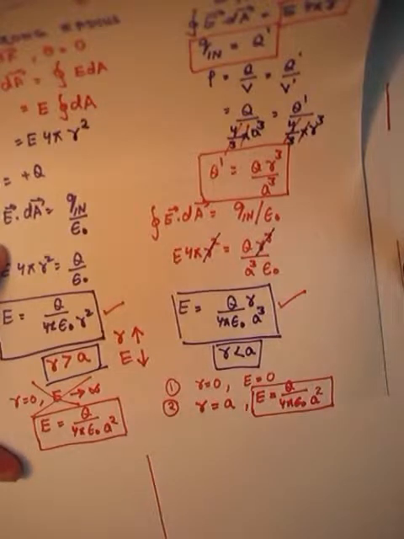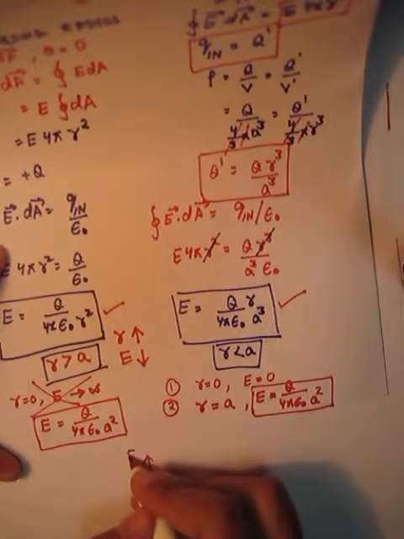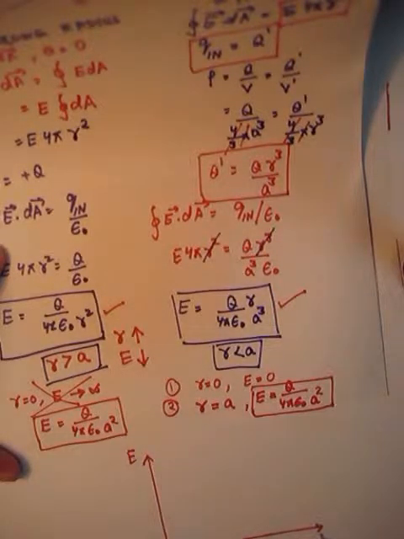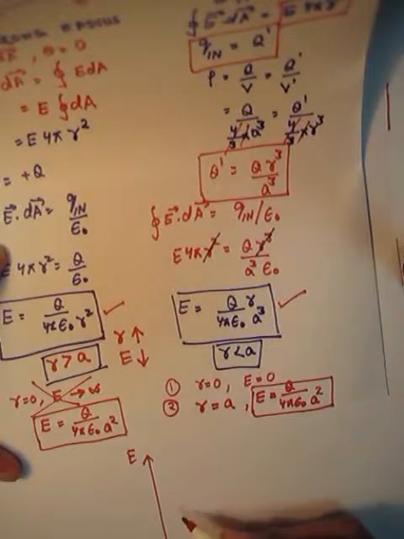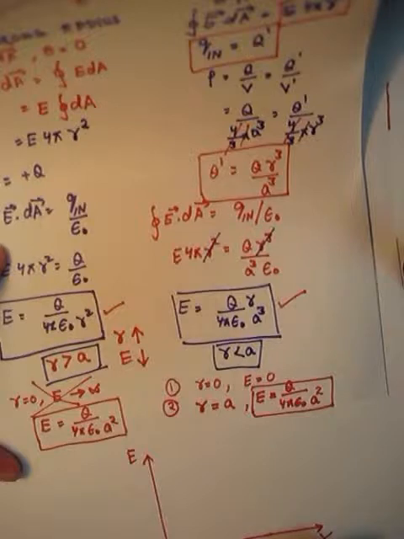So it means that we are starting from the center of the sphere. So if this is electric field, this is R, and here the electric field and R are 0. At R equal to 0, electric field is 0, and then as you increase R, it will increase.